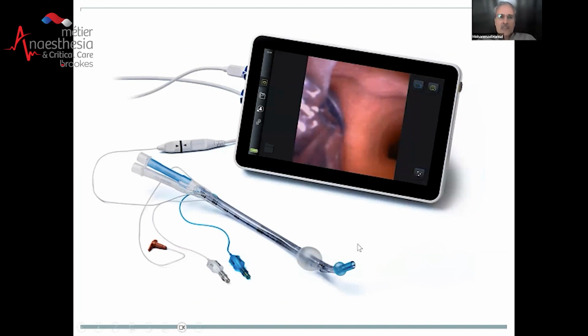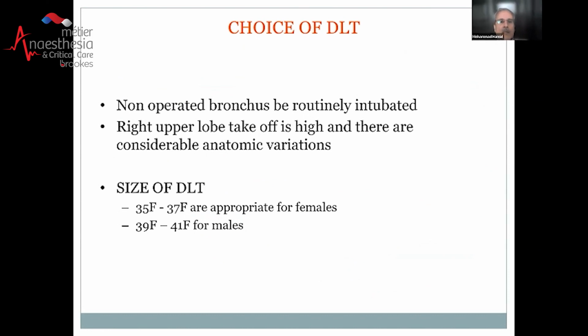Another tube which is now available, but it's costly so it's not available everywhere, has a built-in camera, and you can attach it to a monitor and see the progress of the double lumen tube when you are inserting it.